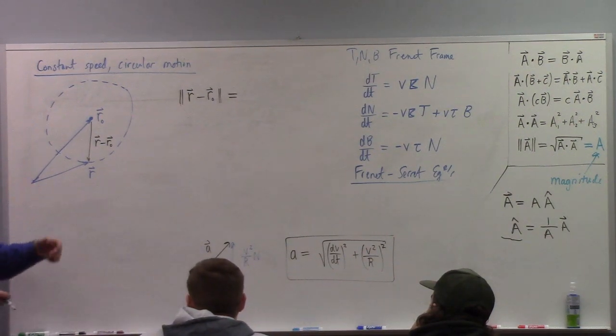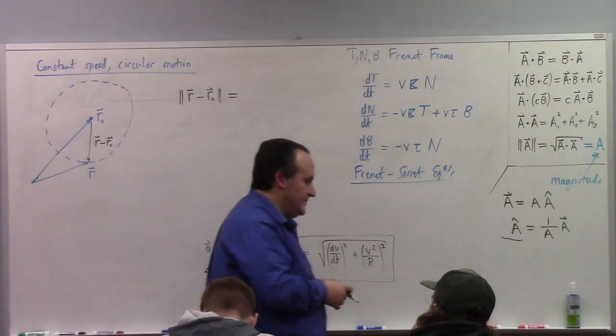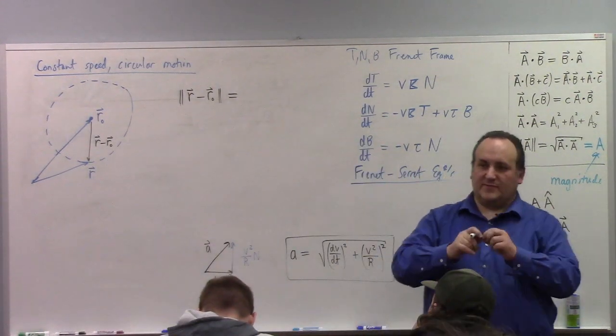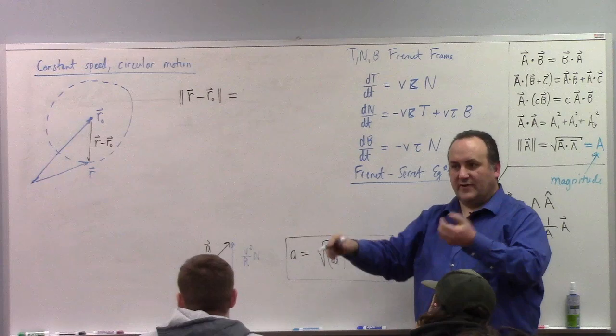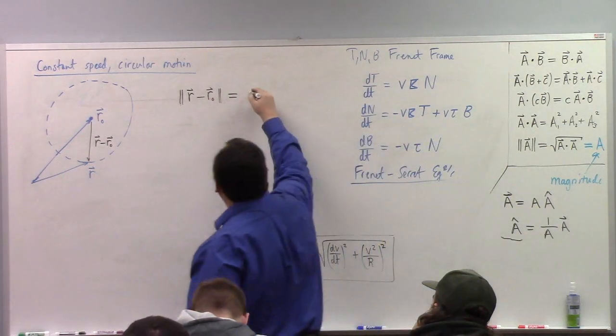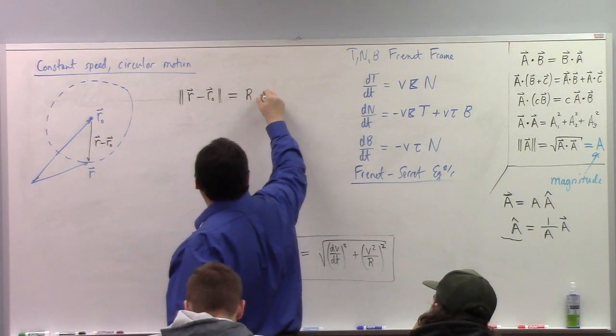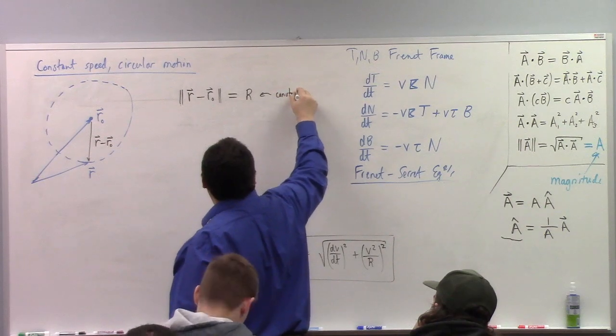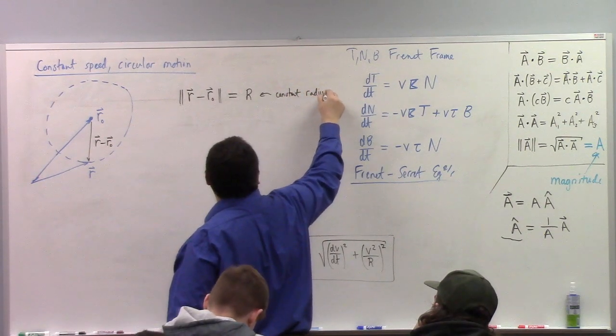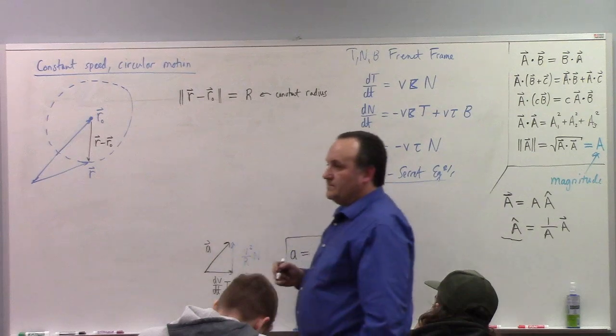So if it's a circle, what's the deal? R minus R naught has to be equal to what? What do we call the distance from the center to the point on the circle? The radius, right. So this has to be equal to, let's say, big R. And this is a constant, constant radius, because I'm assuming circular motion.